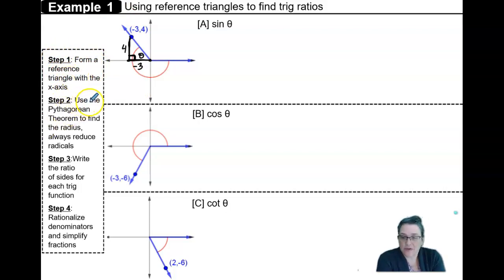Now step number 2 is to use the Pythagorean theorem to find the length of the radius. We're going to keep that exact, reducing radicals when needed. So if my sides of the right triangle are 4 and -3, then to find the hypotenuse of that triangle, which is the radius, I'm going to need to do the square root of x squared plus y squared, which is 4.